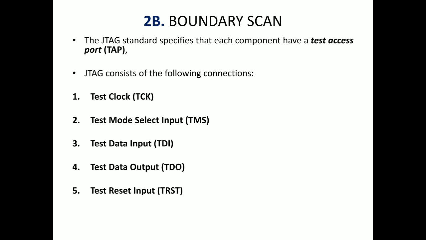The signal lines in the JTAG are test clock, TCK, test mode select input, TMS, test data input, TDI, test data output, TDO, and test reset input, TRST. In most JTAG hardware, TRST is optional.